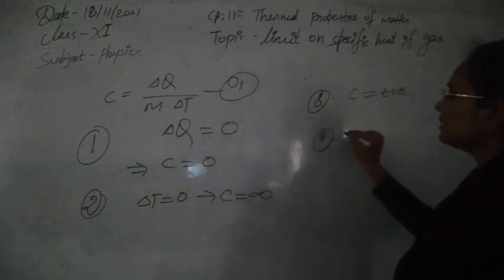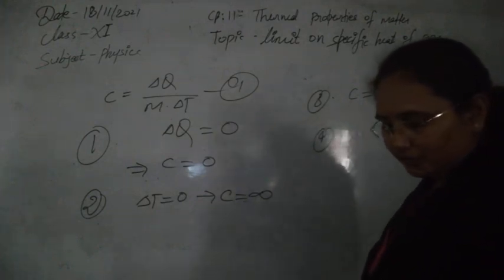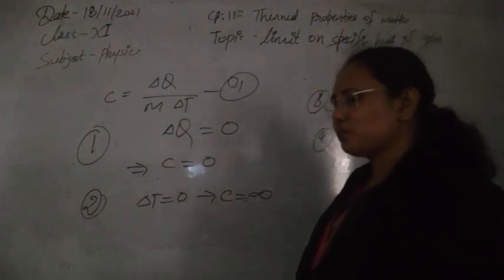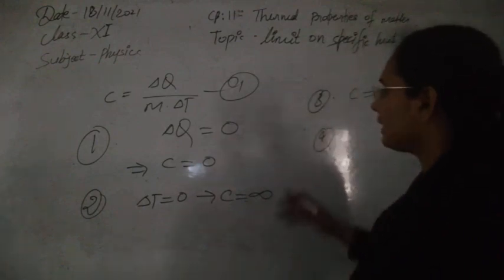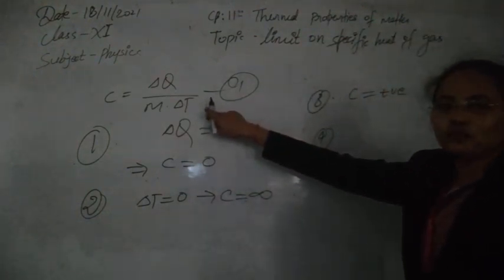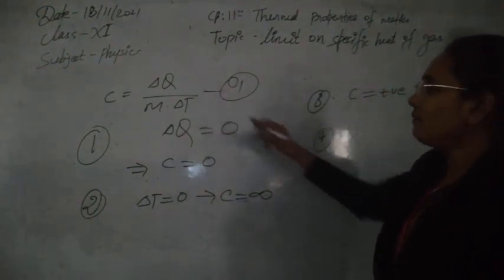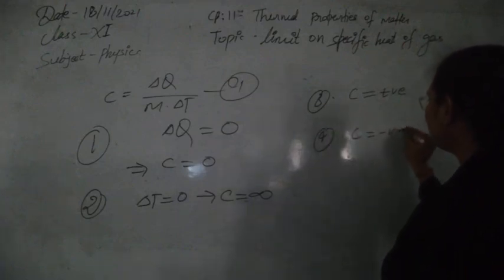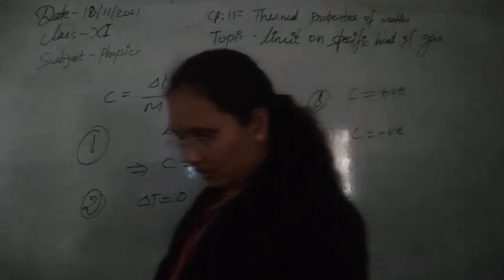The fourth case: when the gas expands very fast, the temperature falls very fast and has a negative value, so C will also have a negative value. That is also a limitation case.